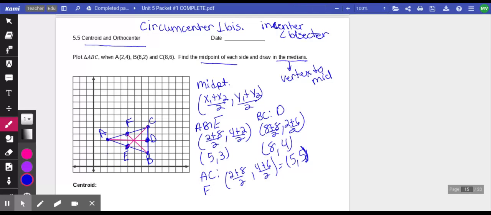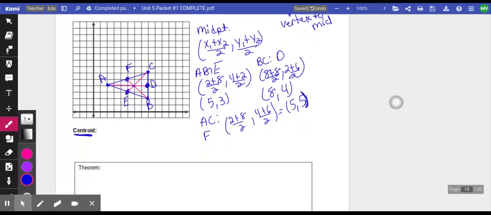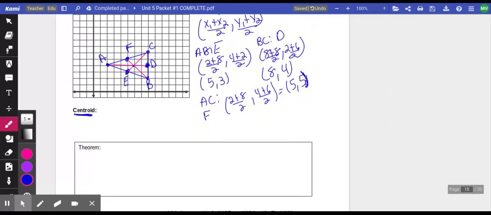So AD, CE, and BF are all medians, and they intersect at one point. This point is called the centroid. And the centroid in this case is 6, 4.